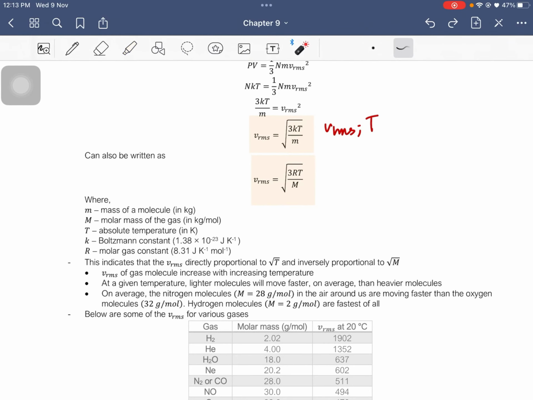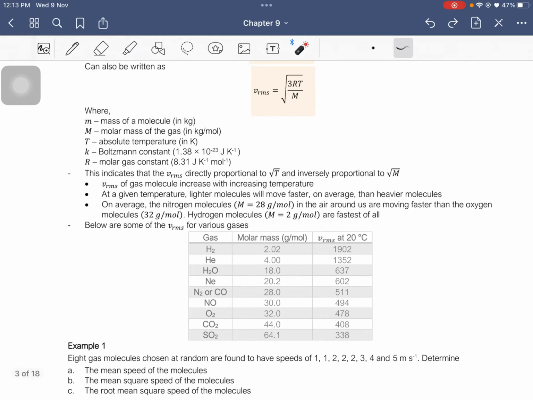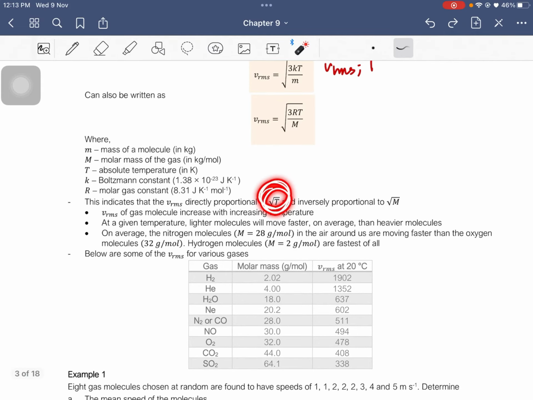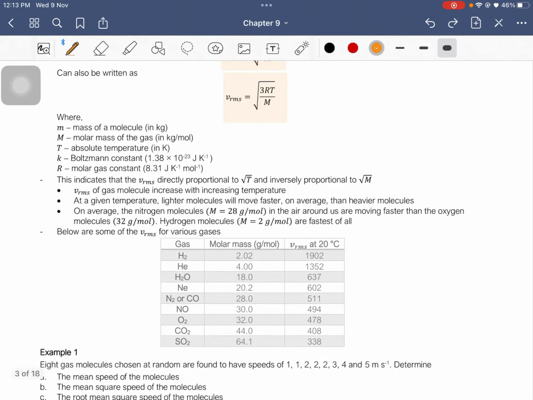Alright, so this is the definition of each. This is what each variable is, and then this equation indicates that the RMS speed is directly proportional to the surd of temperature. So we can put that v_RMS is directly proportional to the square root of temperature. Okay, but it is inversely proportional to the square root of the molar mass of the gas.